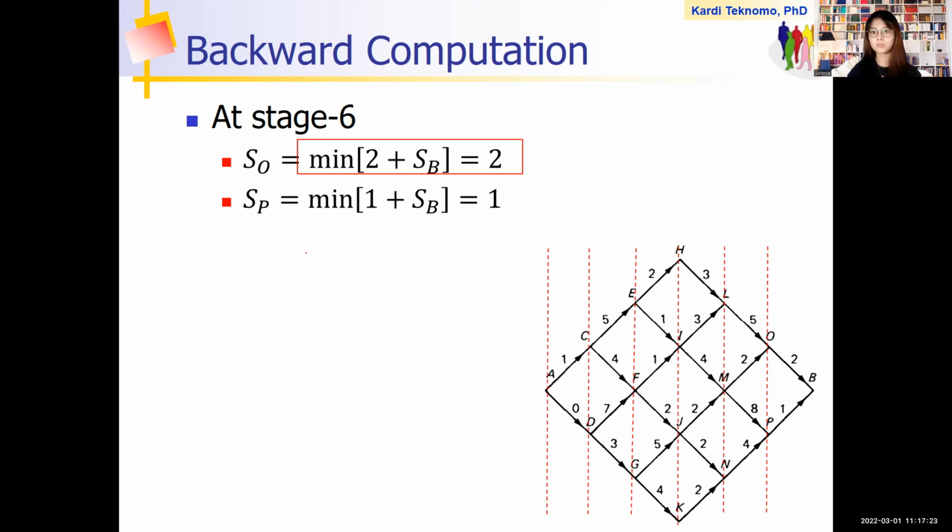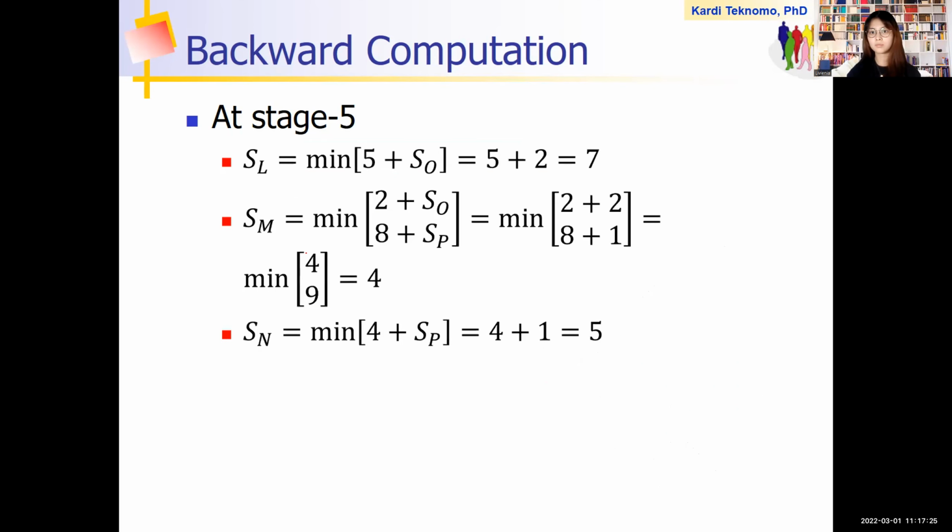In O, on itself. Then here, you see SL is clear, SN is clear, but SM, you have two choices, right? Via O or via P.